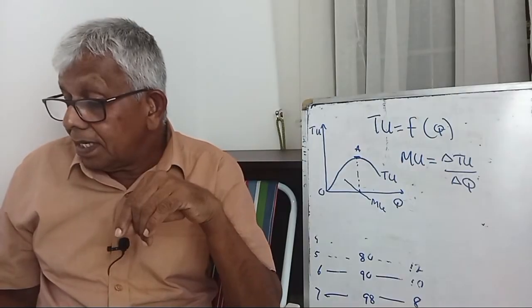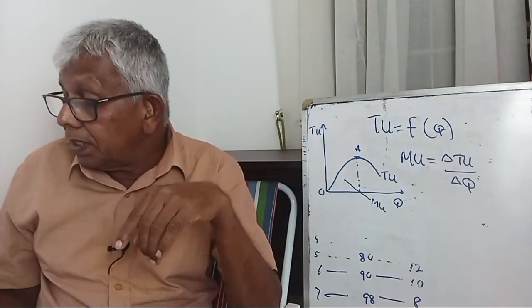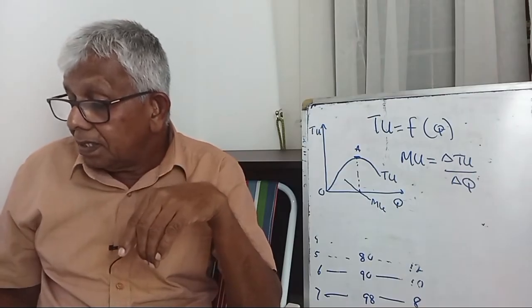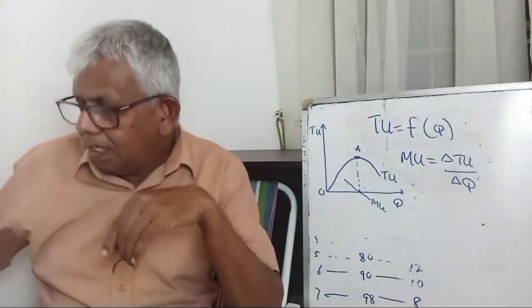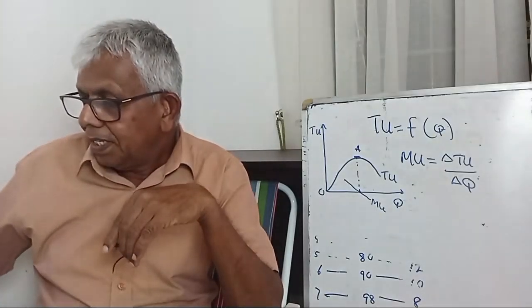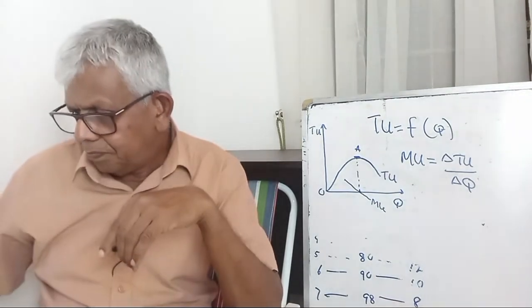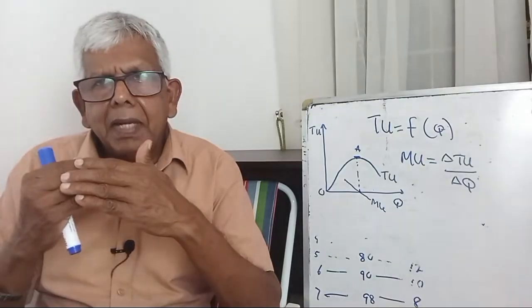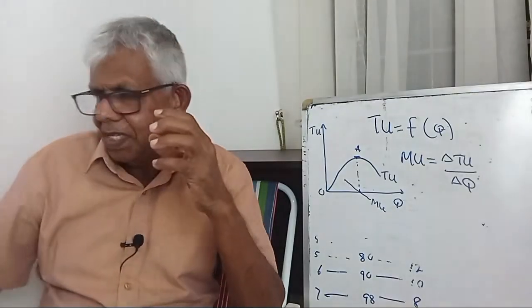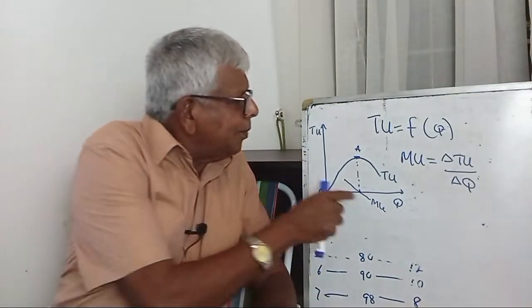This nature is called diminishing marginal utility. It is very simple. The MU and TU.